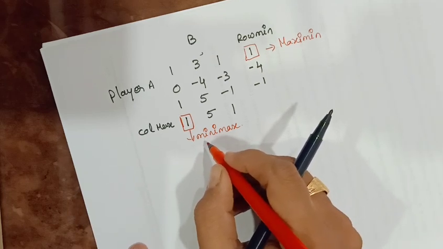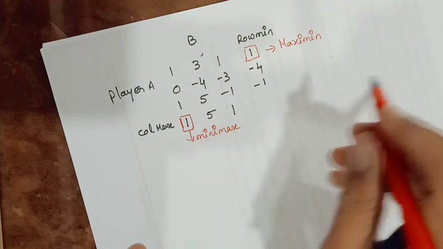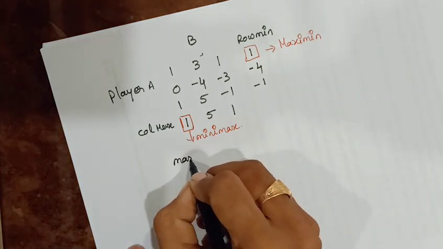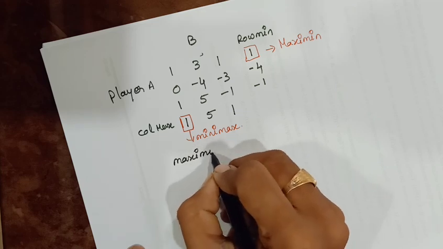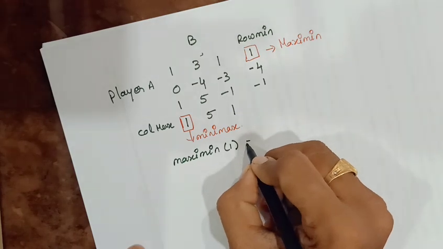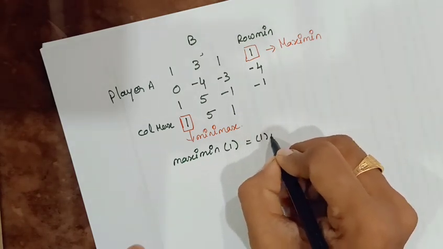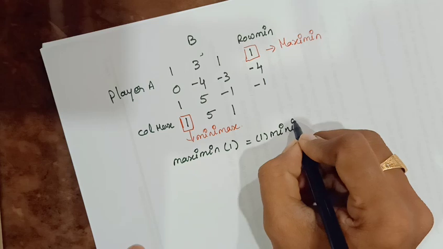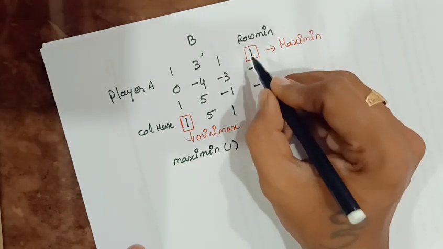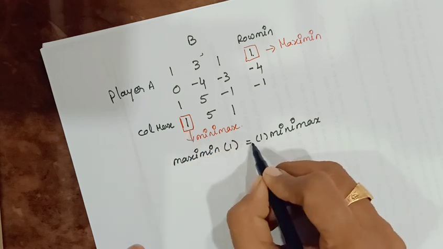So whenever the maximin, that is 1, equals the minimax, here both the values are equal.